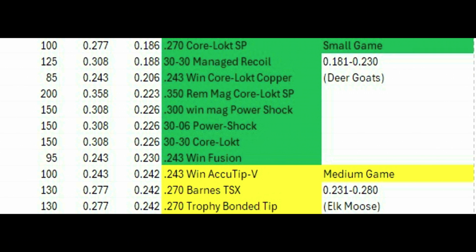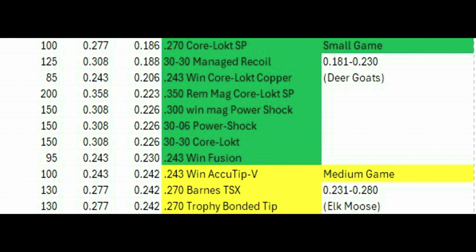When you have a Trophy Bonded Tip, or even worse, the Core-Lokt, which is basically not even bonded, it's just lead inside a copper jacket, when it hits and mushrooms out, you're sometimes losing a lot of that mass because it's spreading out, it's dropping lead.